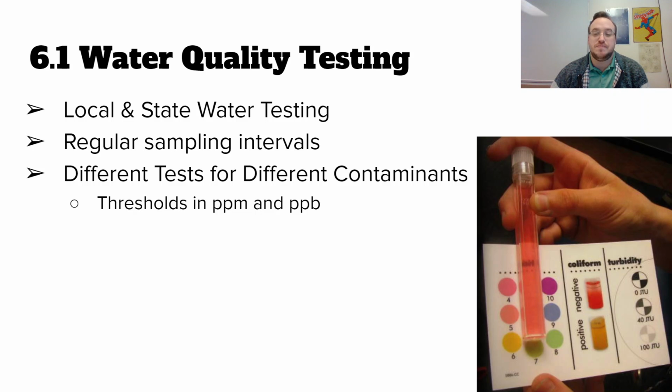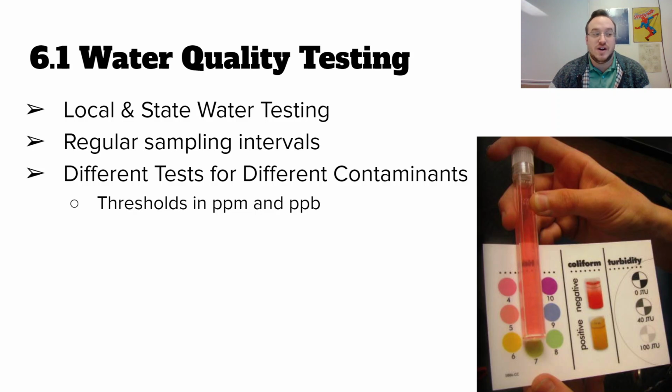The actual companies or groups that are in charge of distributing the water are going to be doing their own testing much more frequently than this. This is the formal test by the government that says, is this water clean enough, right? So it's happening on a regular basis. And then they're not just doing one big test, they're doing a bunch of different tests for different contaminants.